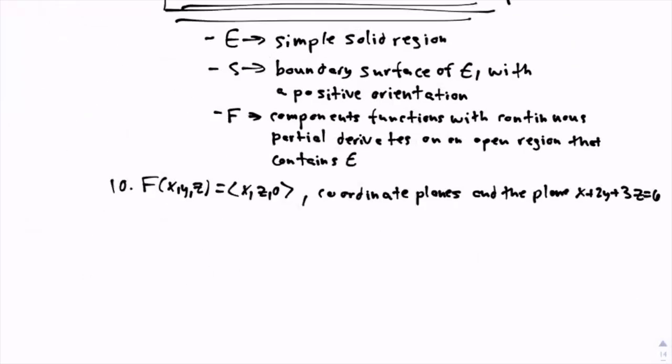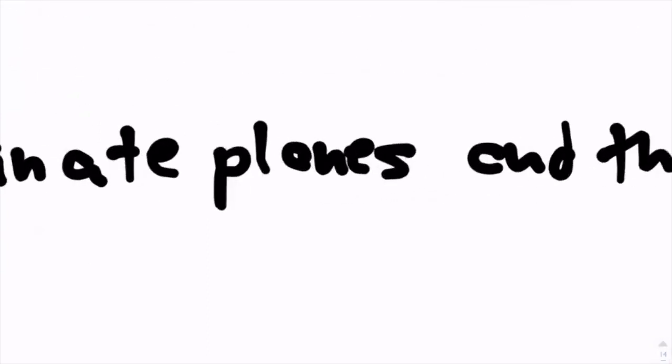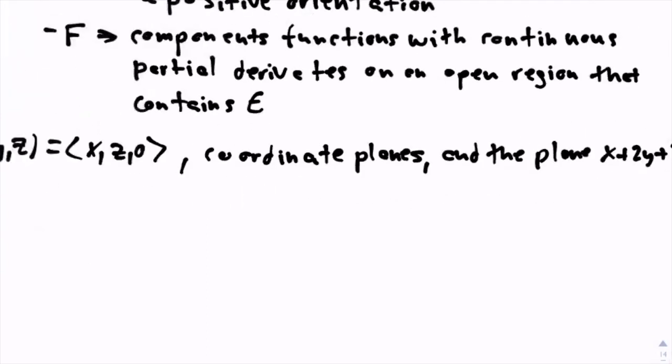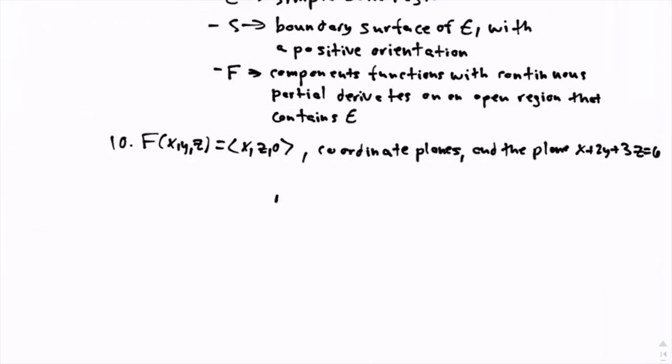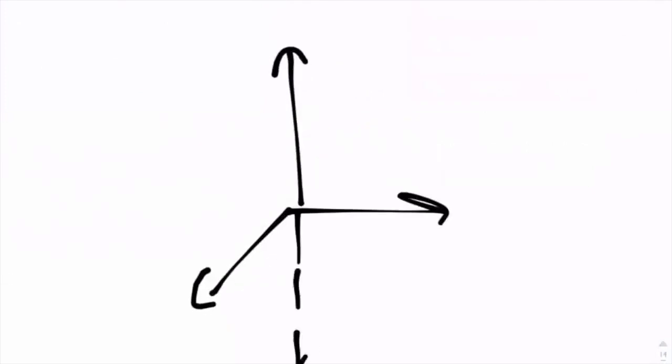What I'm going to start off by doing is graphing the tetrahedron that we are trying to find the flux of. So let's graph our 3D region.